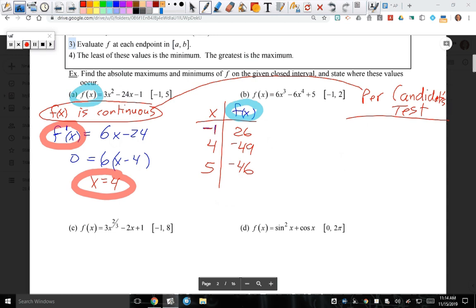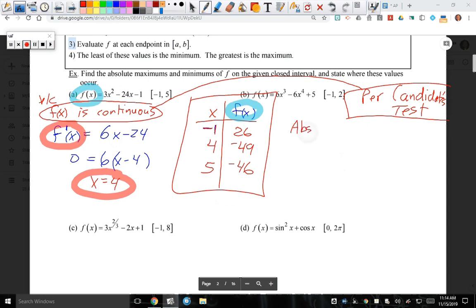Look for the pers and look for the becauses. If you don't have enough pers and becauses, put some more. Okay? So per candidates test, because f of x is continuous, the table is required work.